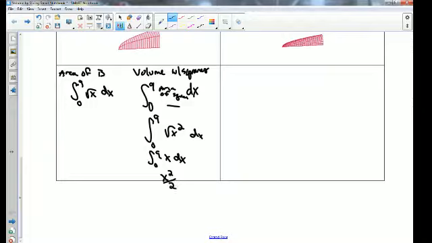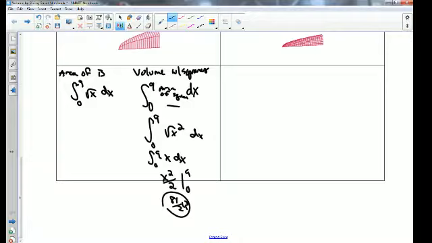X squared over 2 is the antiderivative. So we get 81 over 2 minus 0, right? There's your volume. In particular, you're in cubic units, right? It's a volume. What is that?